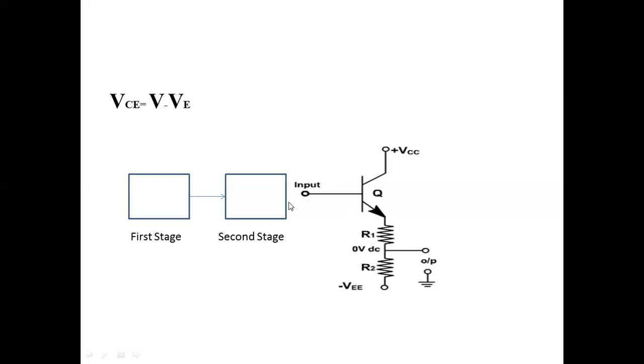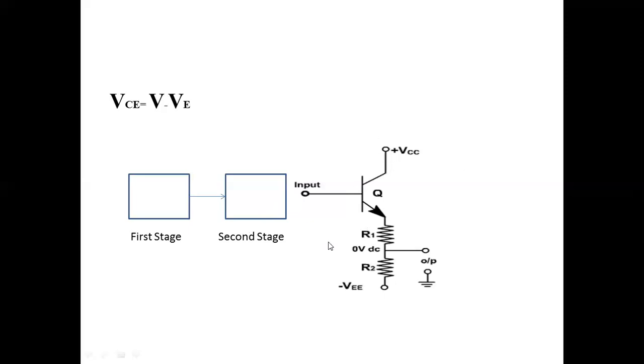Now the thing here is that, with the help of the dual input unbalanced output on the second stage of the op-amp, that output is now available at the base of the transistor. Whatever input is given at the base may be available the same at the emitter if this circuit is working as an emitter follower circuit.